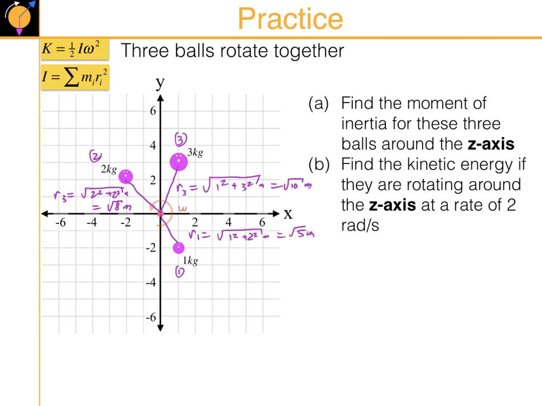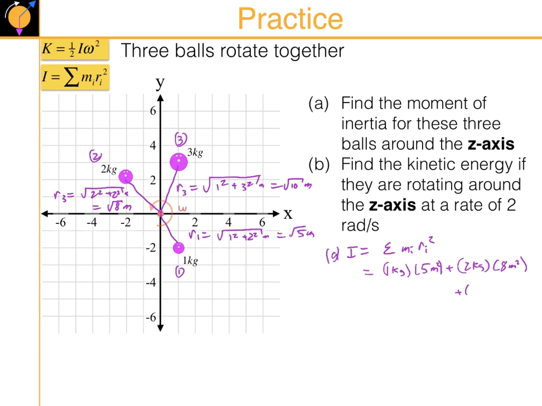So if I wanted to calculate their moment of inertia, I add all three of them together just like I did with the other ones. So let's do it. The moment of inertia will be, remember, the sum of m_i r_i squared. So it'll be 1 kilogram times r1 squared, which, since r1 is square root of 5, will be 5 meters squared, plus 2 kilograms times square root of 8 squared, so it'll be 8 square meters.